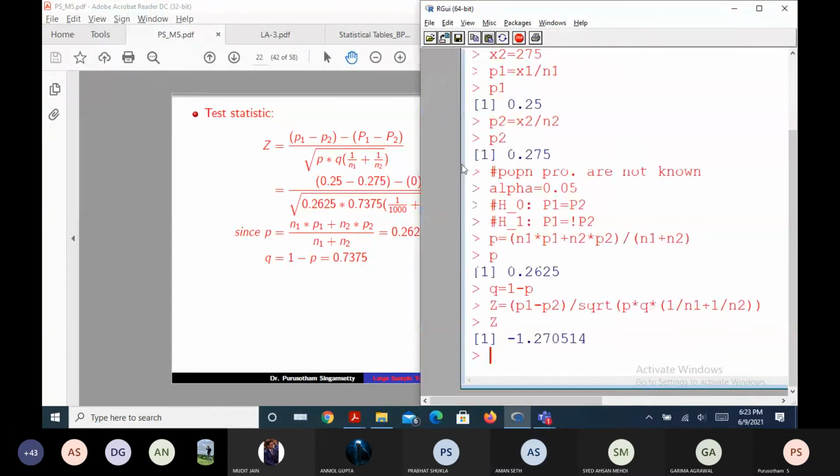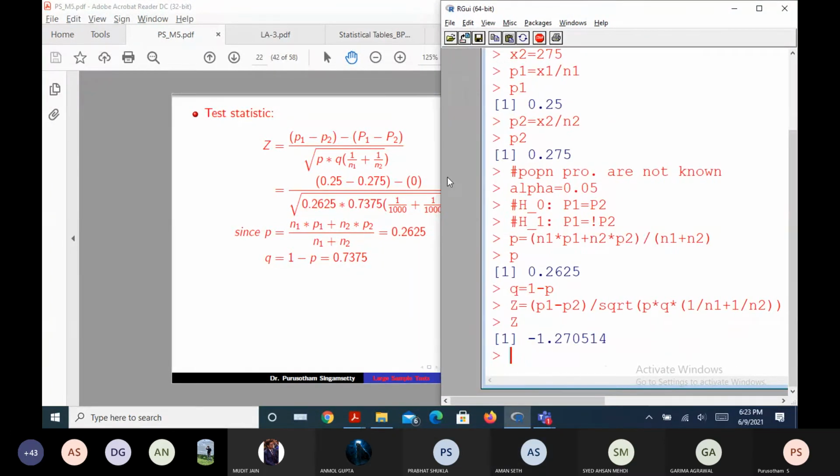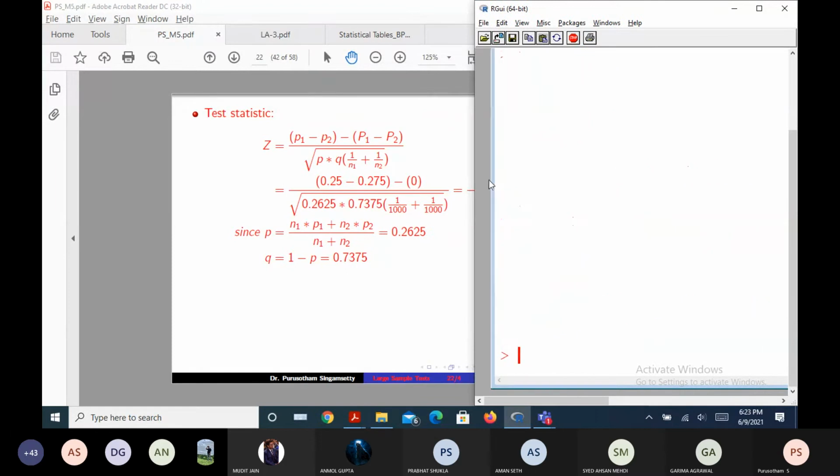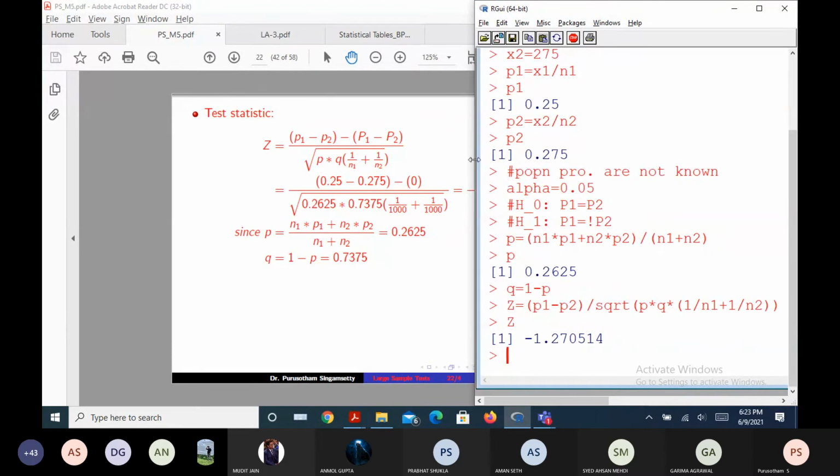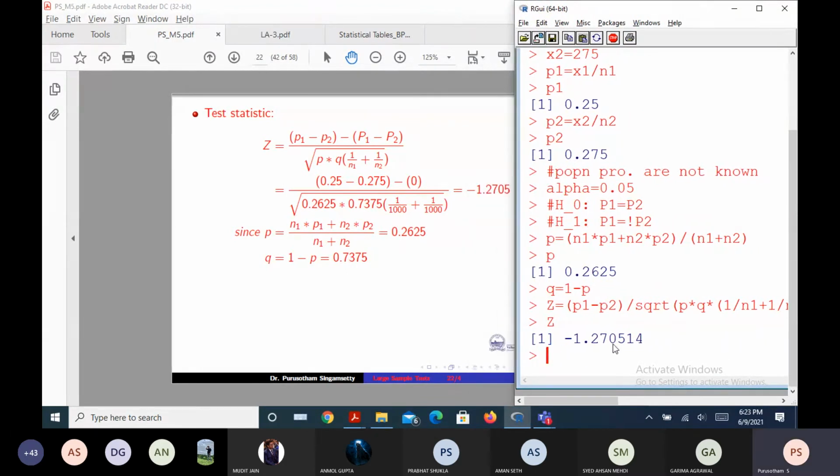Yes, sir. Minus 1.2705, and P is 0.2625, Q is its complement 0.7375. After substituting all the values, we are going to get this value, right?